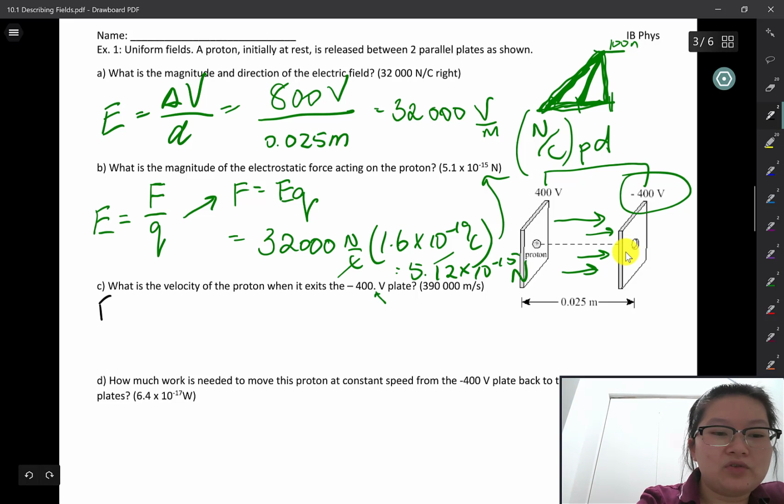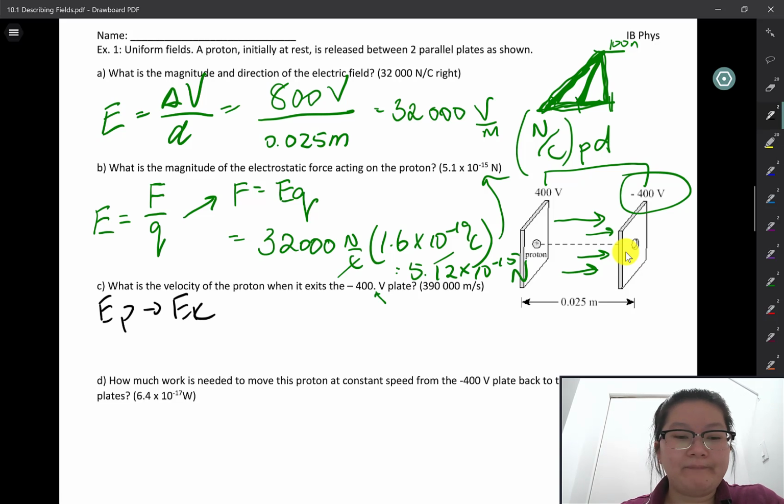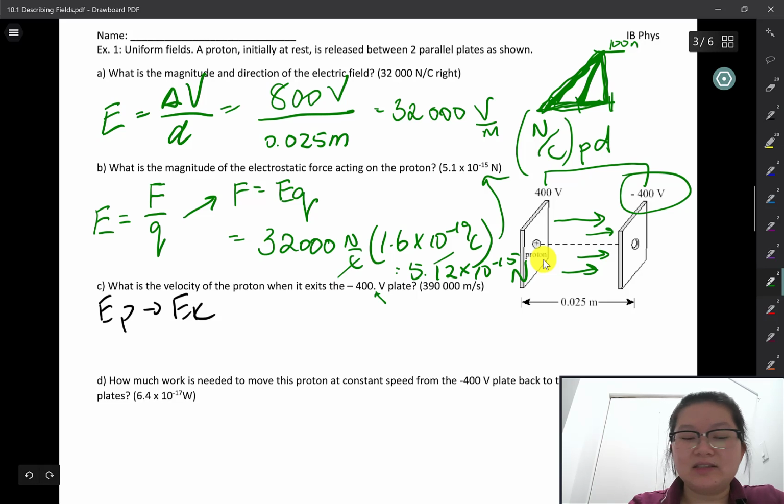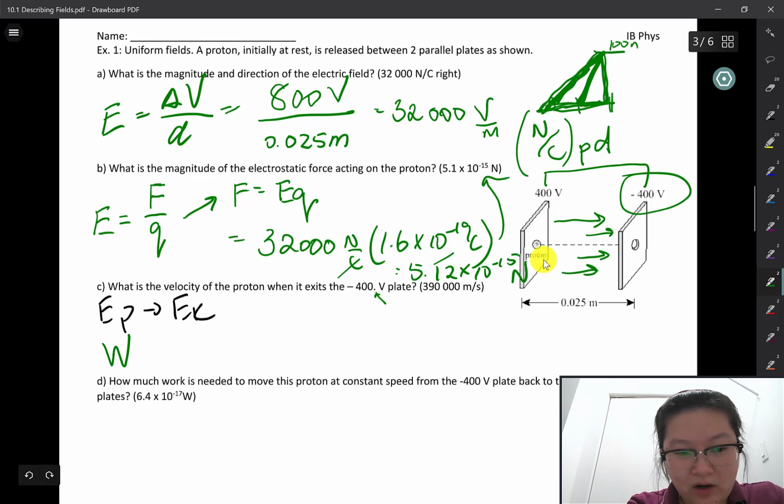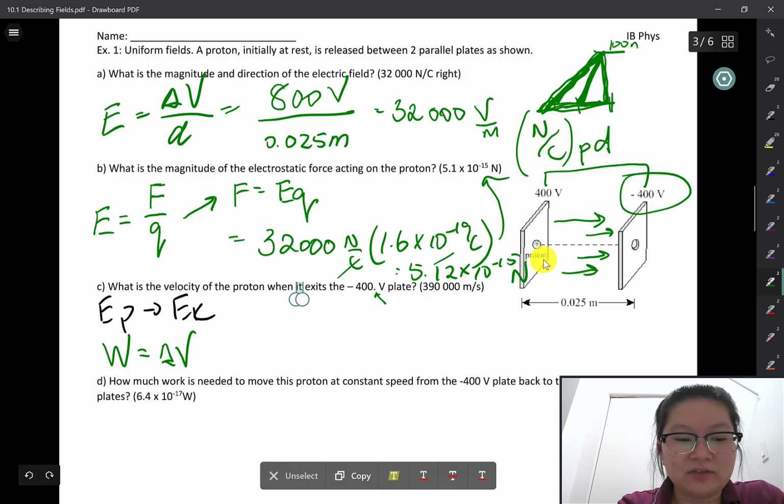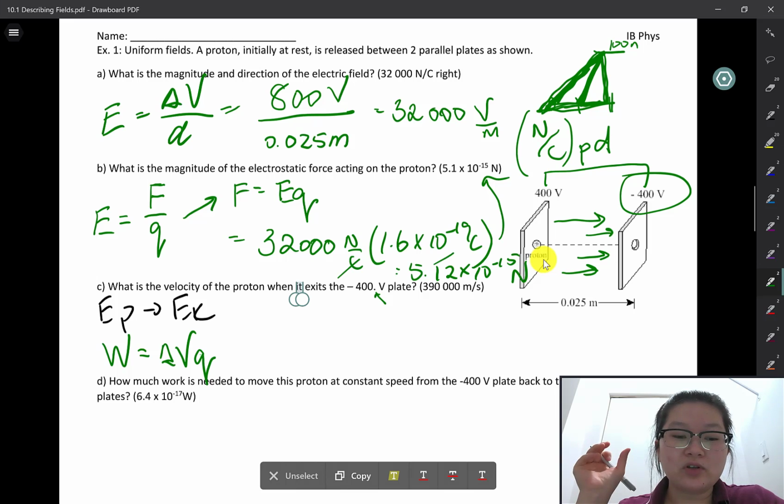So what I want to do is find the electric potential there, or the amount of work I have to do to move this proton from this side of the plate to the other side. There are many ways you can think about it, but the easiest way is that the amount of work, or the amount of energy, since work is energy, we're going to get from this proton going through a certain potential difference is proportional to the difference in the electric potential times the charge.